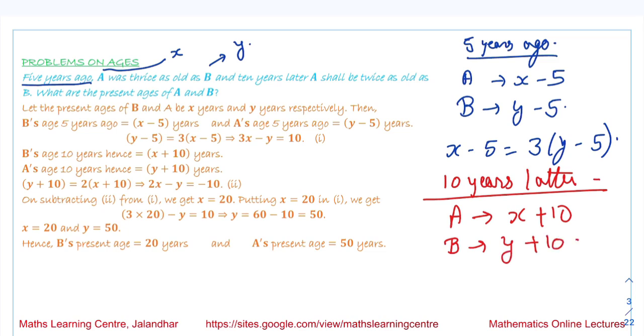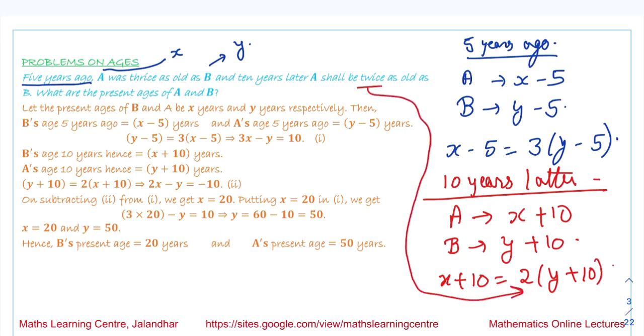What is given is that A shall be twice as old as B, that is X plus 10 will be 2 times Y plus 10. So we have two equations now.